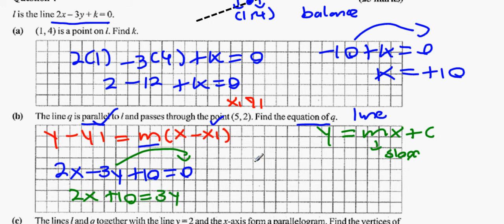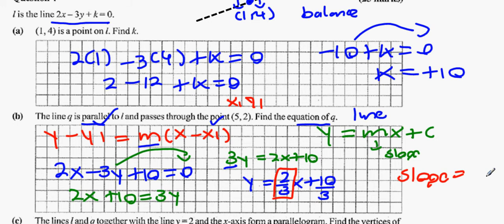We turn this around so that 3y equals 2x plus 10. The y has to be on its own, so we get rid of the 3. It's multiplied by 3 on the left, which makes it divide by 3 on the right. Now we know the slope of this line is whatever number comes in front of the x. The slope is 2 over 3. So slope equals 2 over 3.